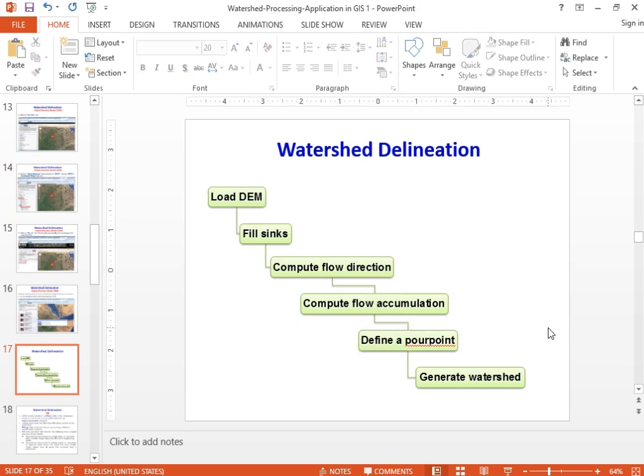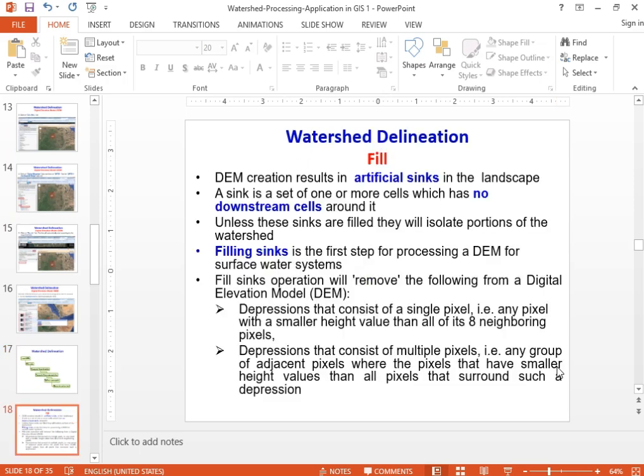Finally, we can generate a watershed. So we can get the drainage area of a watershed using those steps: load, fill sinks, compute flow direction and accumulation, define the pour point, and generate the watershed.